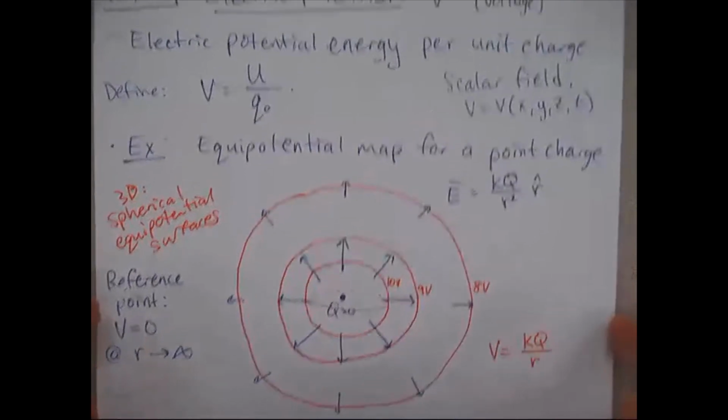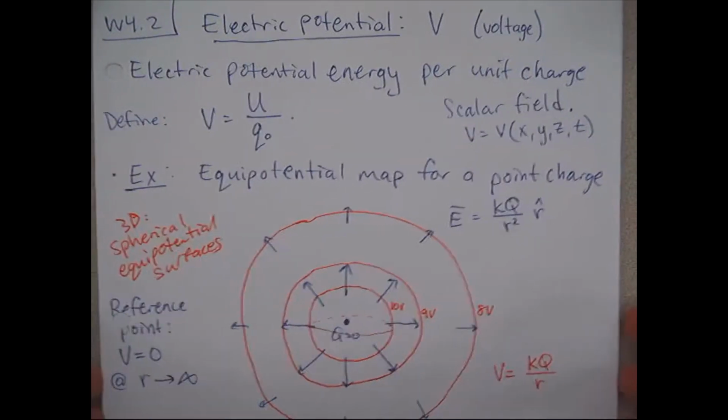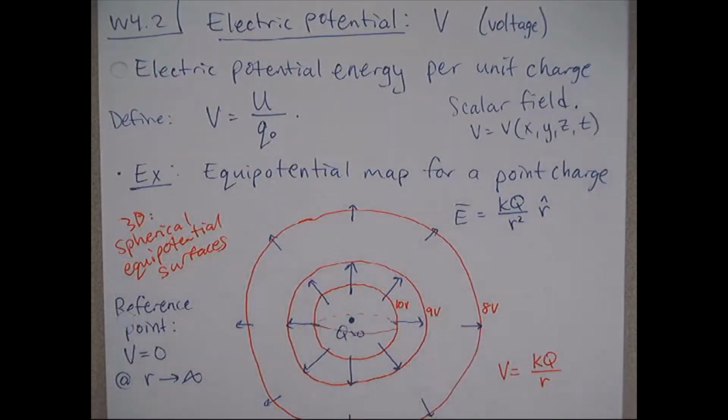Enough about gravity. Let's get on to voltage. The word voltage is identical in meaning to electric potential. Be careful that you do not confuse electric potential with electric potential energy.